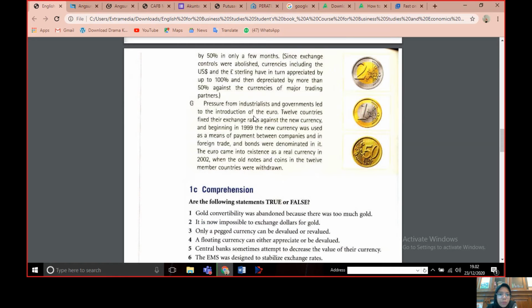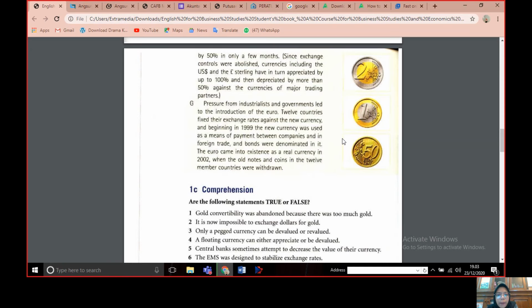And then G. Pressure from industrialists and government led to the introduction of the euro. The 12 countries fixed the exchange rates against the new currency, and beginning in 1999, the new currency was used as a means of payment between companies and in foreign trade, and books were denominated in it.